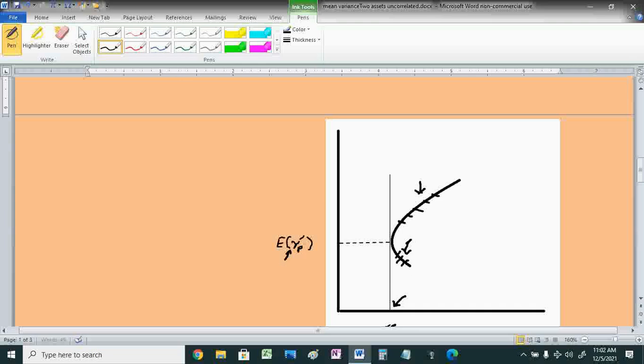Of course, this means that when this choice is available, no investor will want to see himself or herself on this segment of the portfolio possibility frontier. So this is the efficient portion of the portfolio possibility frontier in the case where the correlation between the returns on two assets is equal to 0.